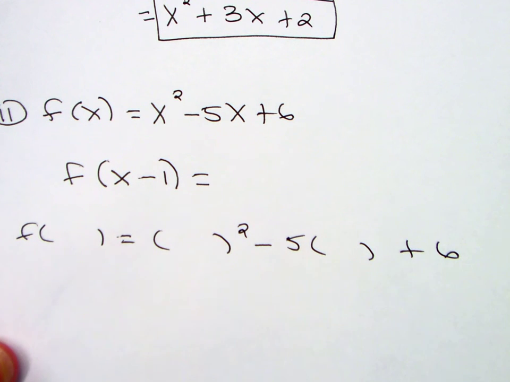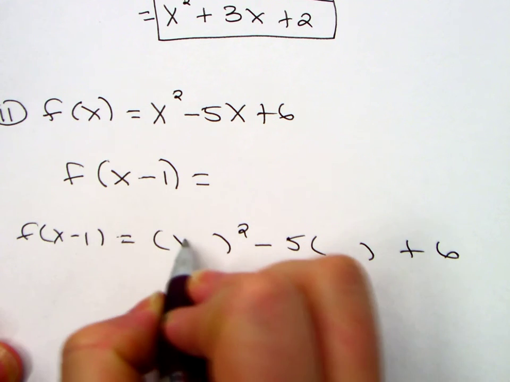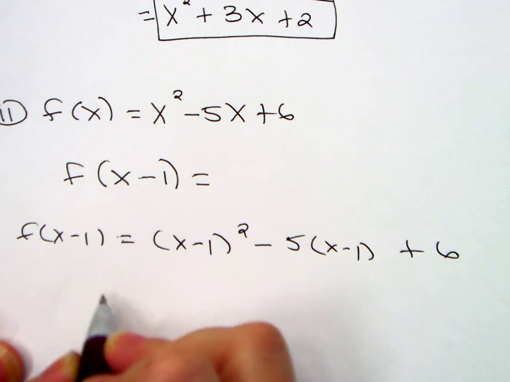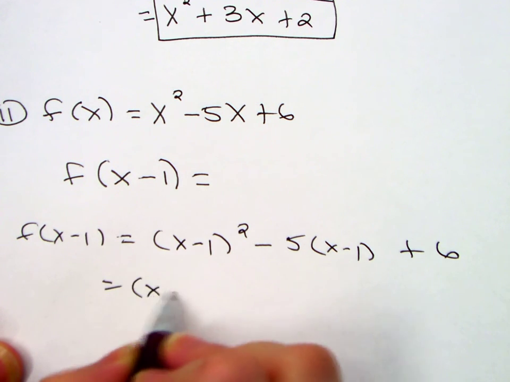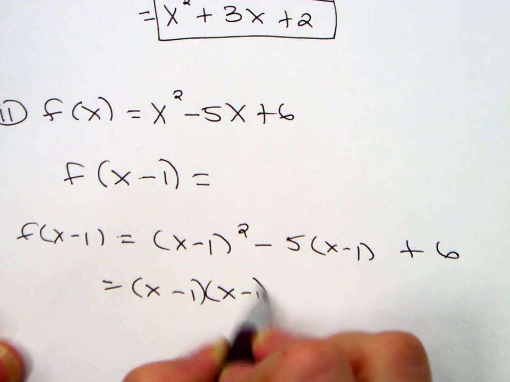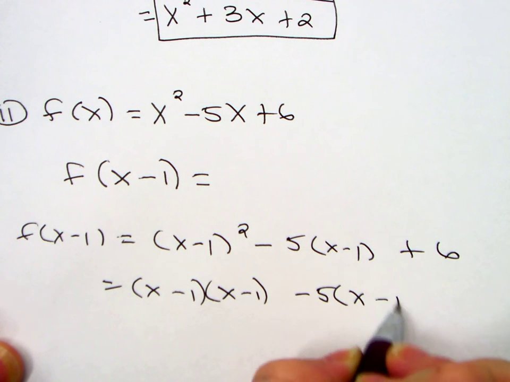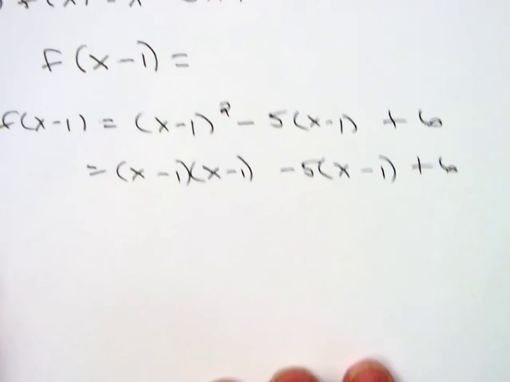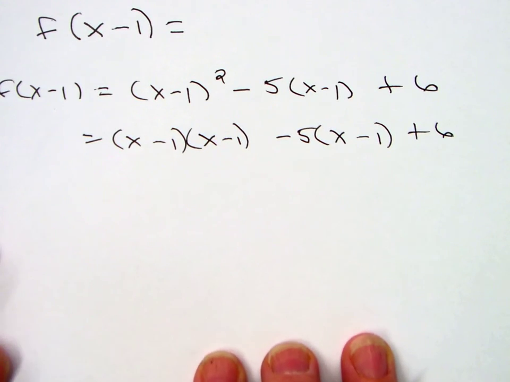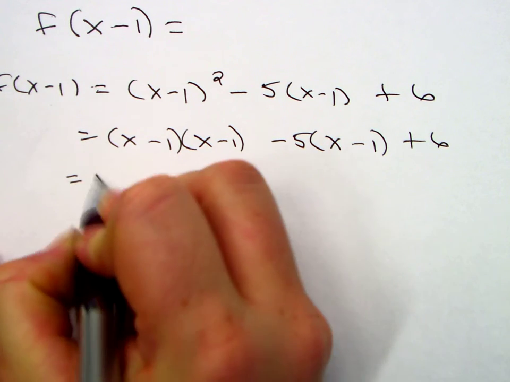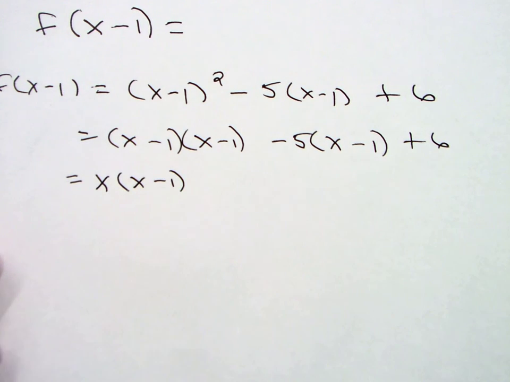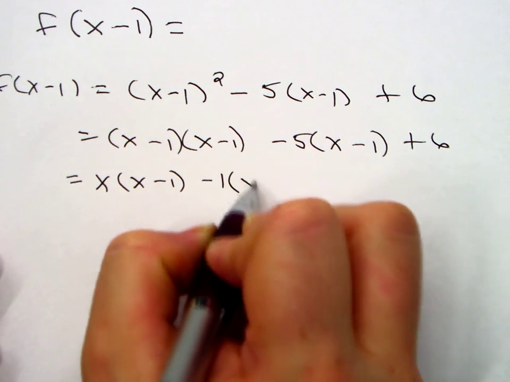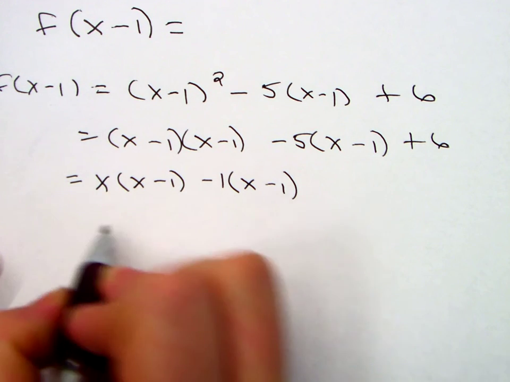Parentheses everywhere. What's going in the parentheses? X minus 1. I'm going to double distribute. You can make some shortcuts here, but I don't like shortcuts. You make mistakes. Minus 1, x minus 1. Be careful there.